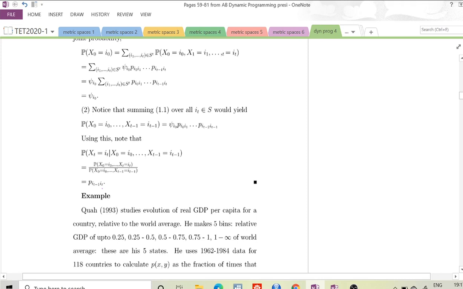So you might think in some sense that, look, this at least is trivial, and in some sense it is, because you're saying, look, what you've assumed is that this probability is just psi i naught, P i naught i1, up to P i t minus 2, i t minus 1.